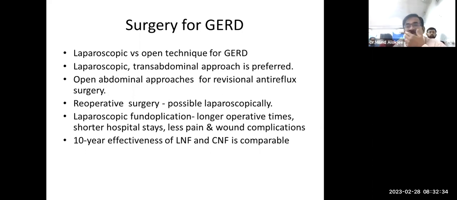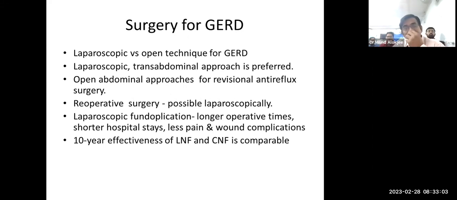So, surgery for GERD, laparoscopy versus open technique. Earlier it was an open surgery for reflux disease, but with the advent of laparoscopy, it has been observed that laparoscopic surgery means the patient has shorter hospital stay, less pain, less wound complication, and early return to work. These are the patients who respond well to laparoscopic anti-reflux surgery.